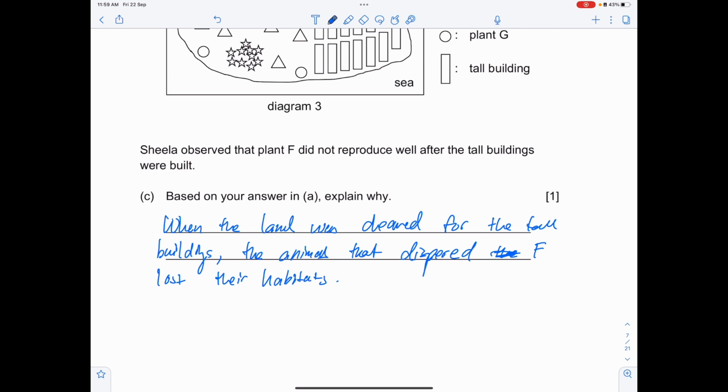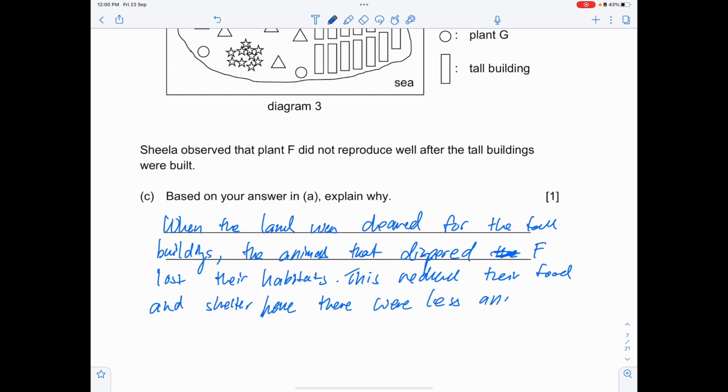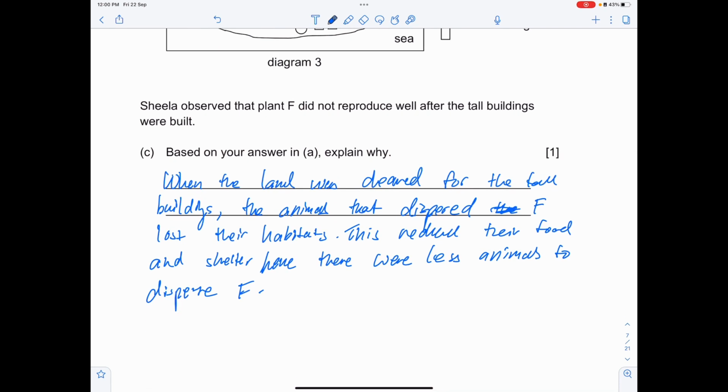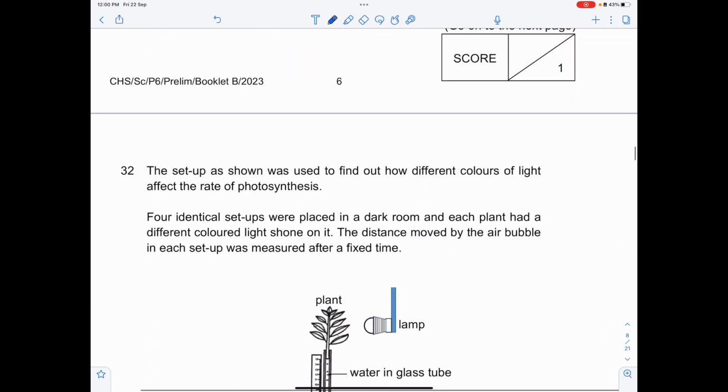Okay, so this reduced their food and shelter. Hence, there were fewer animals to disperse the fruits. Okay? So the whole idea is you have to tell me how removal of their habitat causes them to decrease in numbers. Okay? Next.